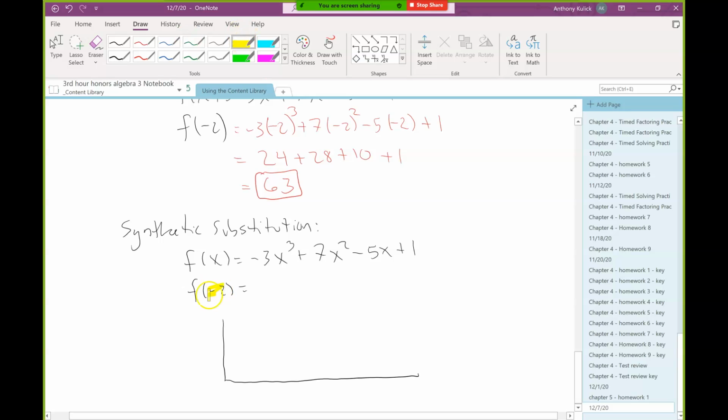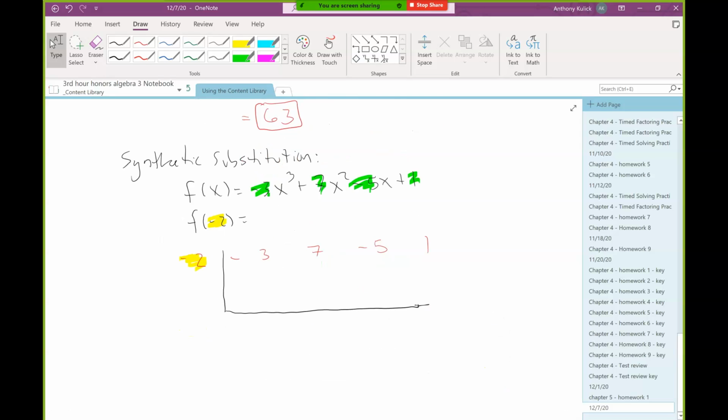And then whatever number we're going to be substituting in, we write here on the outside. And then the coefficients on our polynomial, we're going to write on the inside of the L bracket. So this is the setup for the problem. This is the starting point.